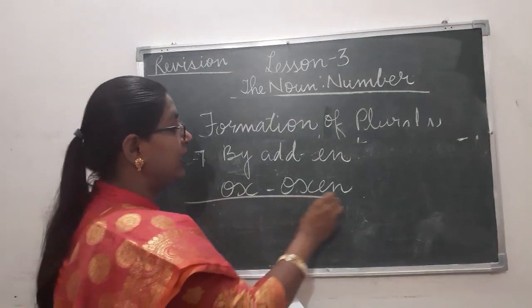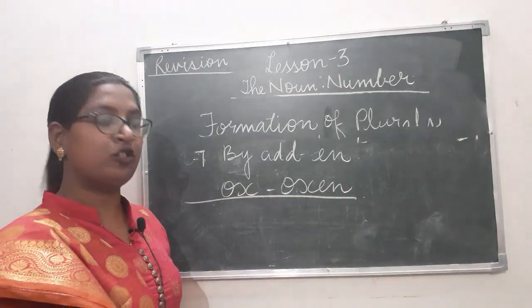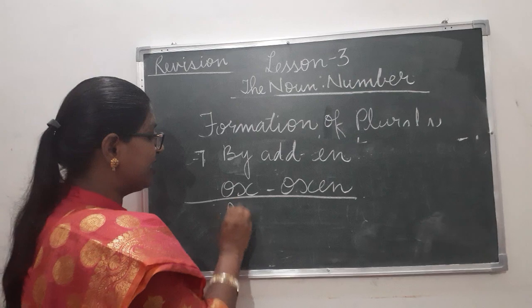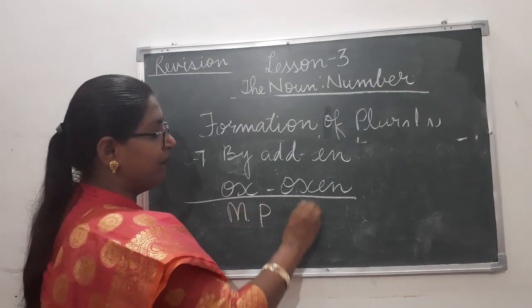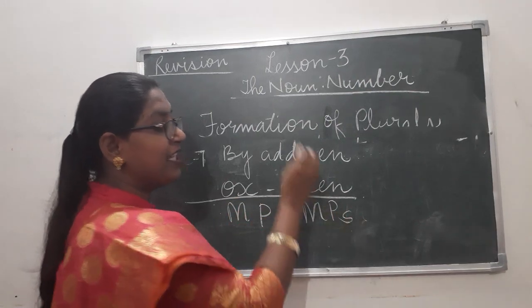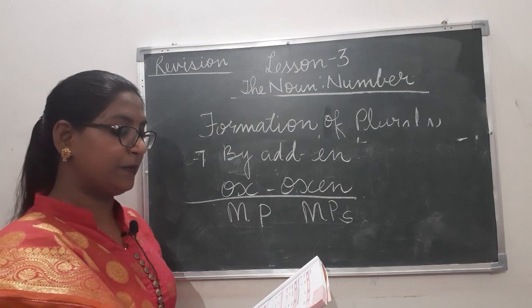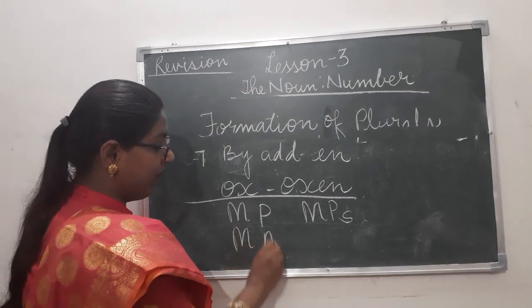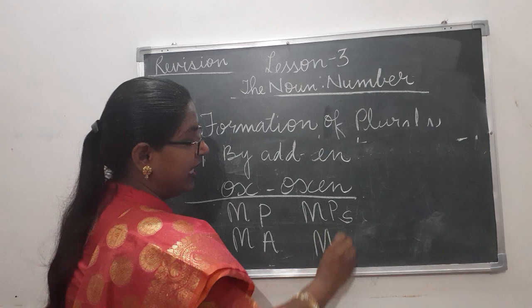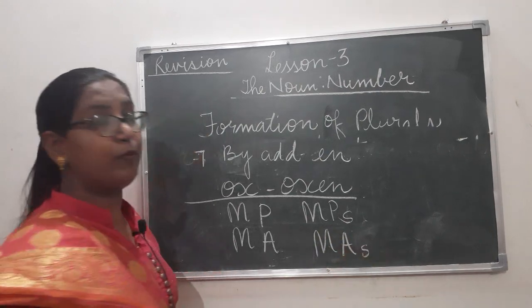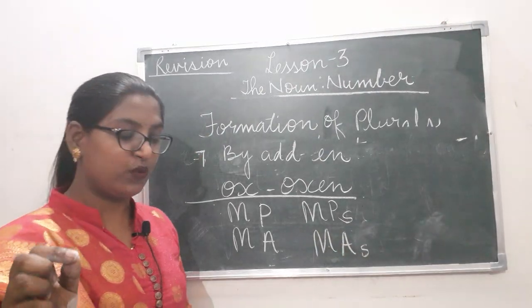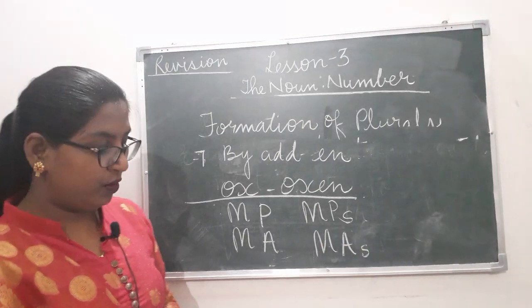For example, MP. MP becomes MPs. We add s with it. MA. MA becomes MAs. These are the abbreviations. We just add s with them to make them plural.